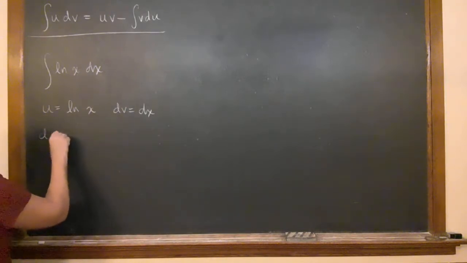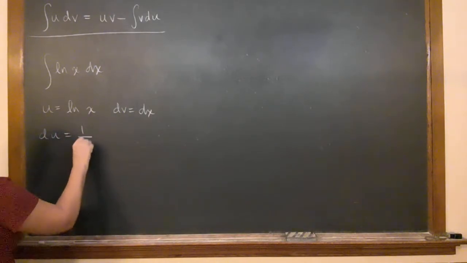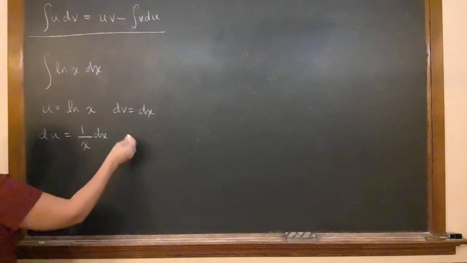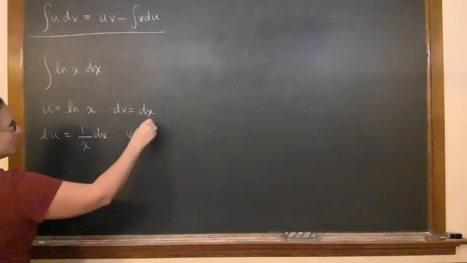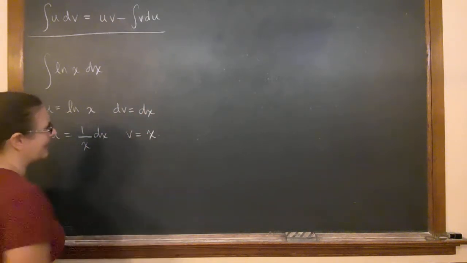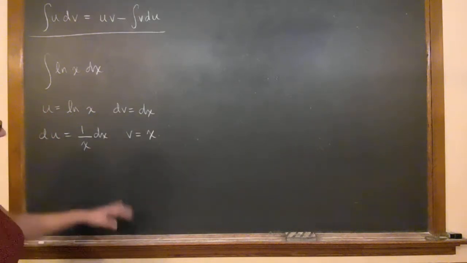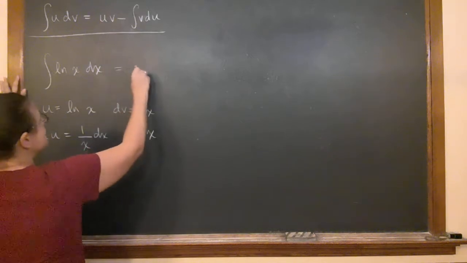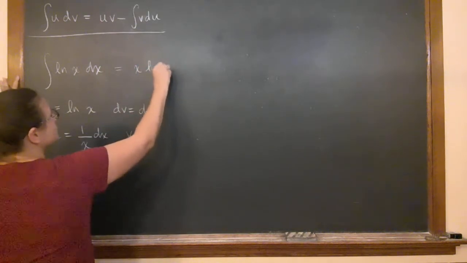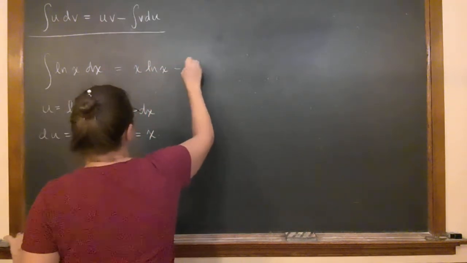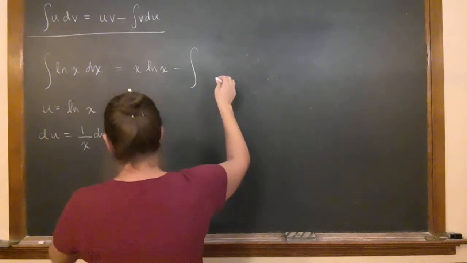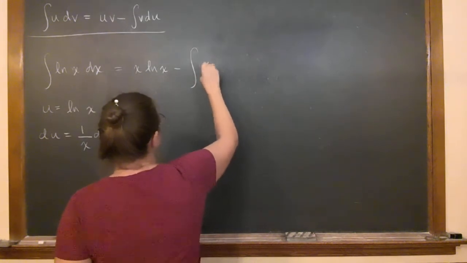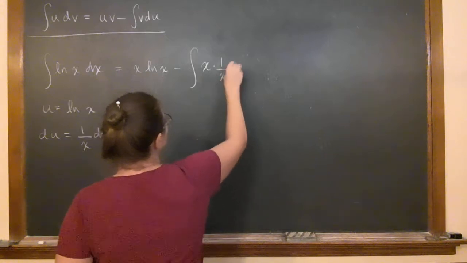Because the derivative, of course, of natural log is 1 over x, so you have that. And the antiderivative of dx is just x, right? So if I plug this into there, I get x natural log of x for my uv minus the integral of v du, x times 1 over x dx.